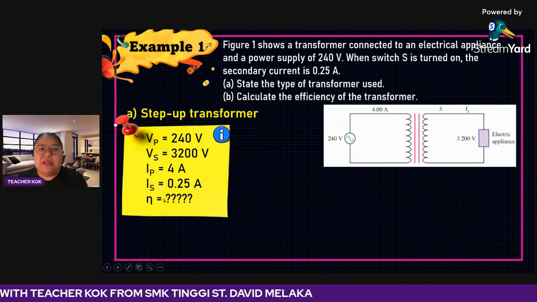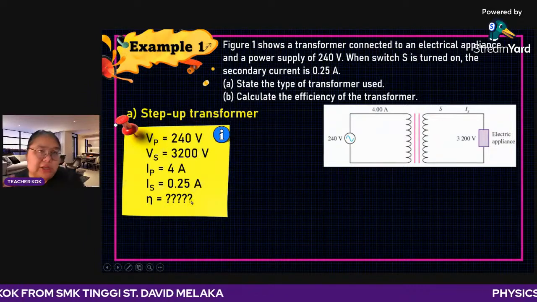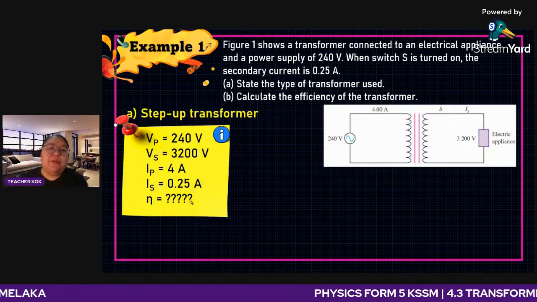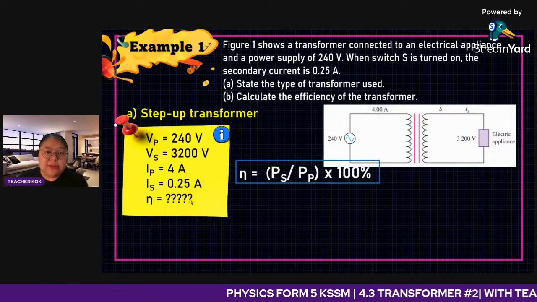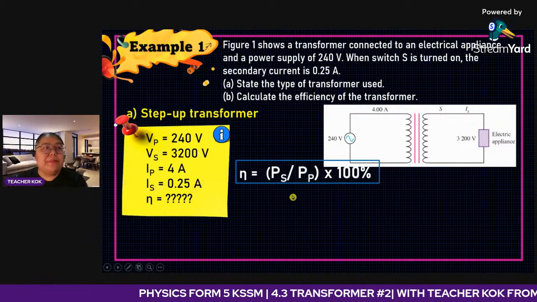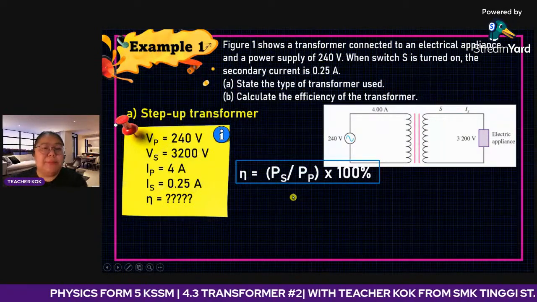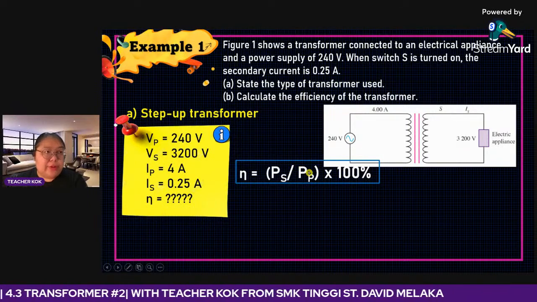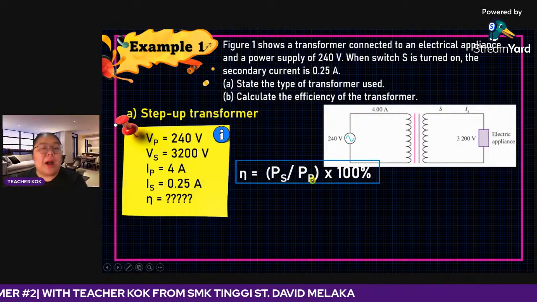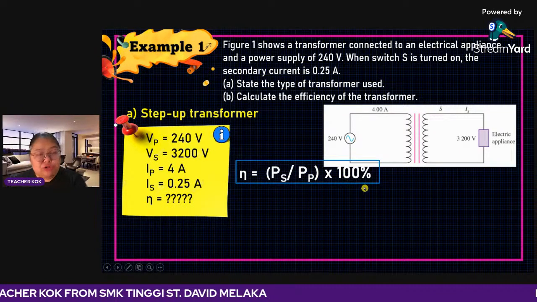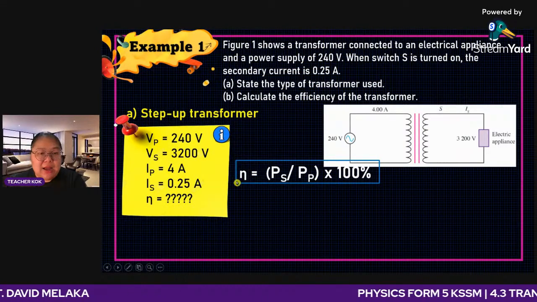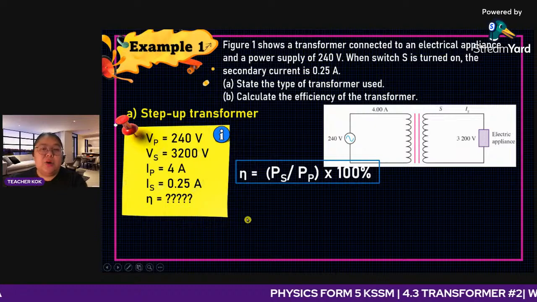Then after that, they want to find the efficiency. So from here, I show you some info first. Remember, the efficiency formula is power secondary over power primary, meaning power output over power input, multiplied by 100%. Now I want to find what the efficiency is.